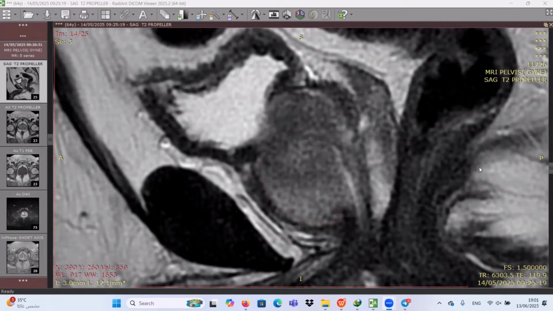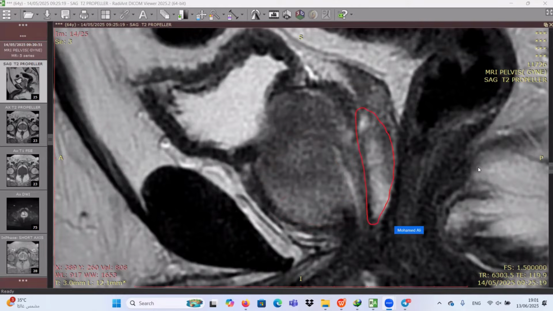The anterior fibromuscular stroma is present at the three levels: the basal level, the mid level, and the apical level. The peripheral zone is also present at the three levels.